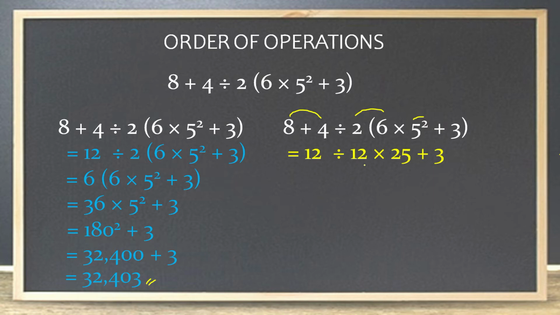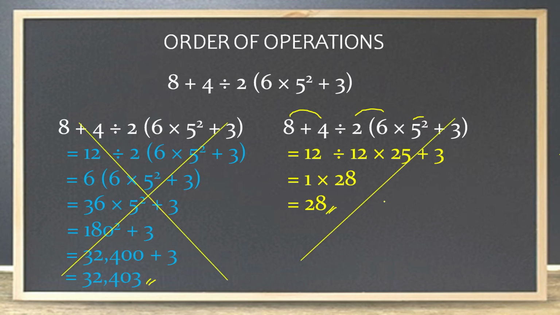So we take these two together and take these two together. So we have 12 divided by 12 is 1, and 25 plus 3 is 28. So in the next step, 1 times 28 now becomes 28. So this will be our solution.